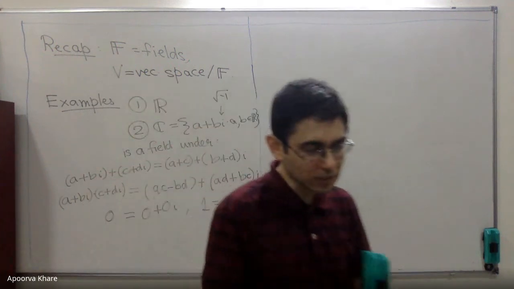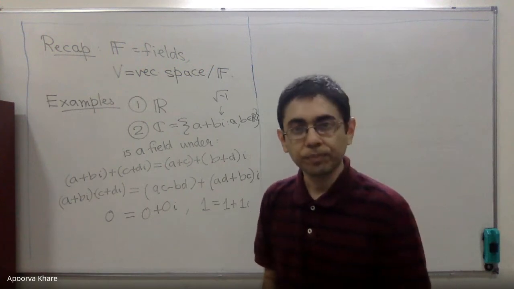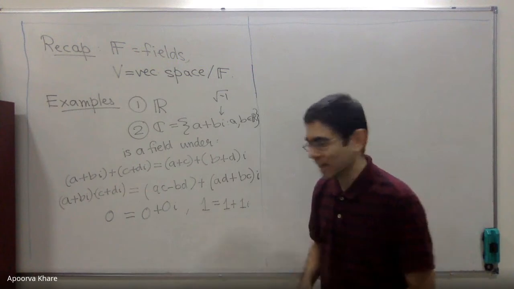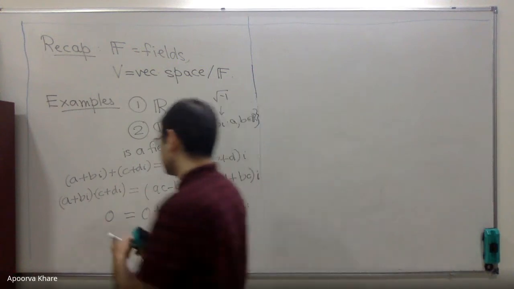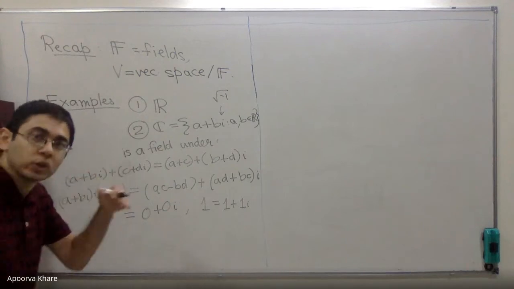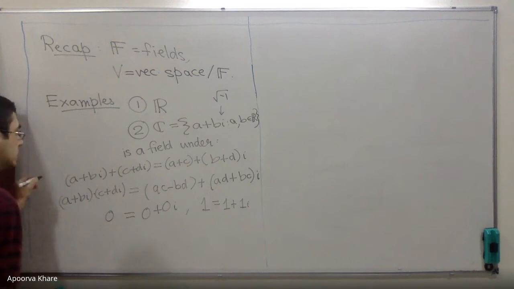And the most interesting part, of course, is how do you define the reciprocal? That is the remaining part. The reciprocal is defined in the following way. I want 1 over a plus bi, so let's write that down.